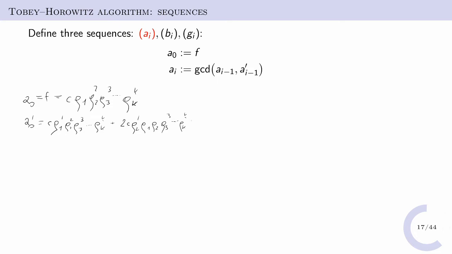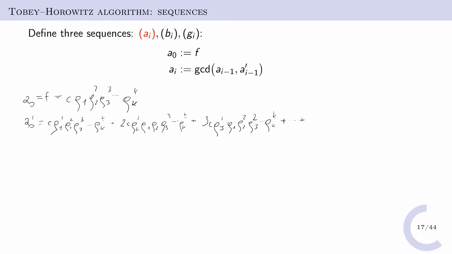Let me compute one more step, and now we'll have the derivative of g3. So this will be 3 times g3 squared times g3 prime. So we have 3 times c times g3 prime, the derivative, times g1 times g2 square times g3 square again, times and so on, gk to the kth power. This sum runs over all the indices from 1 to k.